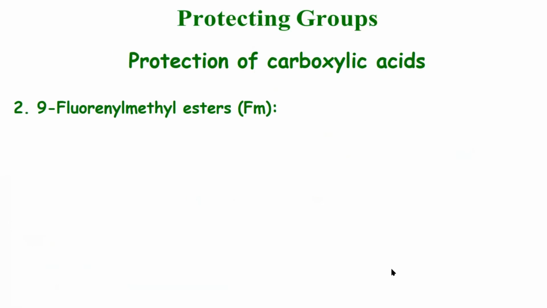We can also prepare 9-fluorenyl methyl esters by treating the acid with fluorenyl alcohol. Fluorenyl alcohol and acid react together to form an ester in the presence of a dehydrating agent like dicyclohexylcarbodiimide, which is called DCC.